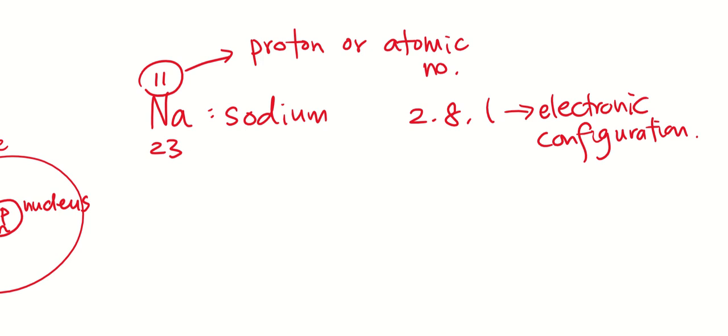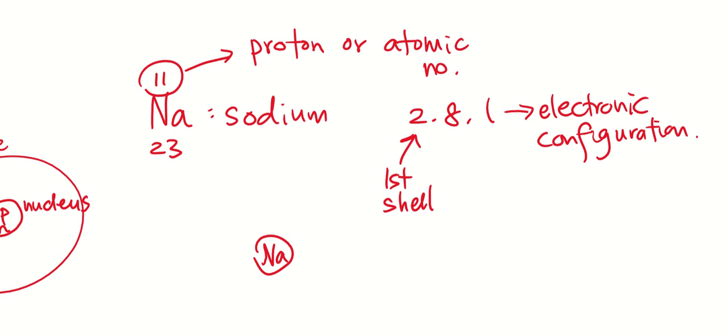So they like the number 2 and 8. So this is in the first shell. This is my sodium nucleus. Who stays in the nucleus? Protons and neutrons. Who is staying outside? Electrons. They are having 2, 8, and 1.